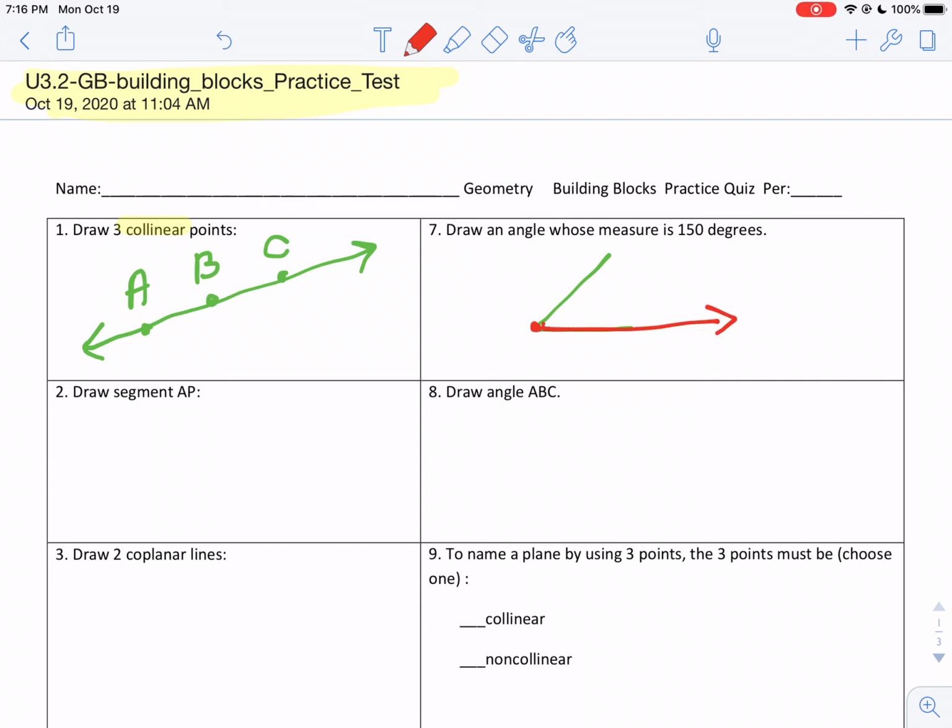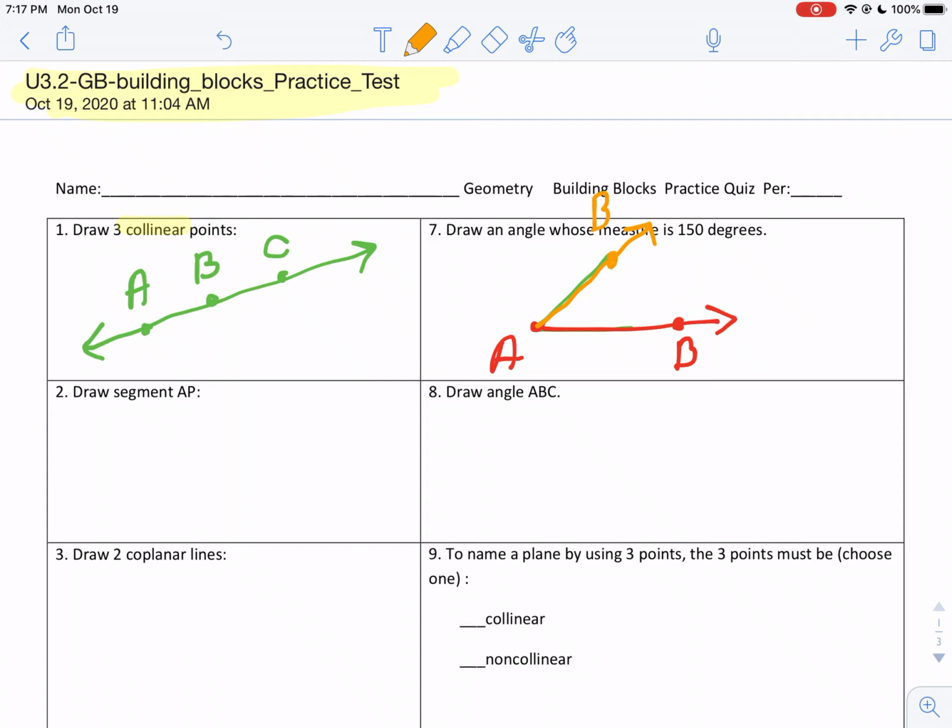Okay, so remember a ray, there's a fixed point, and then there is another point that the arrow goes right through. And then you again draw another ray from the same end point, that fixed point A. You extend it in any direction, and you put your second point down.